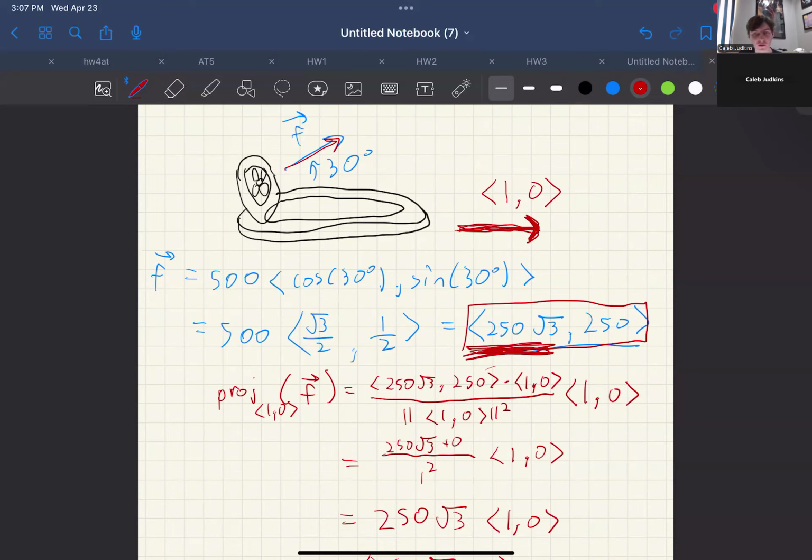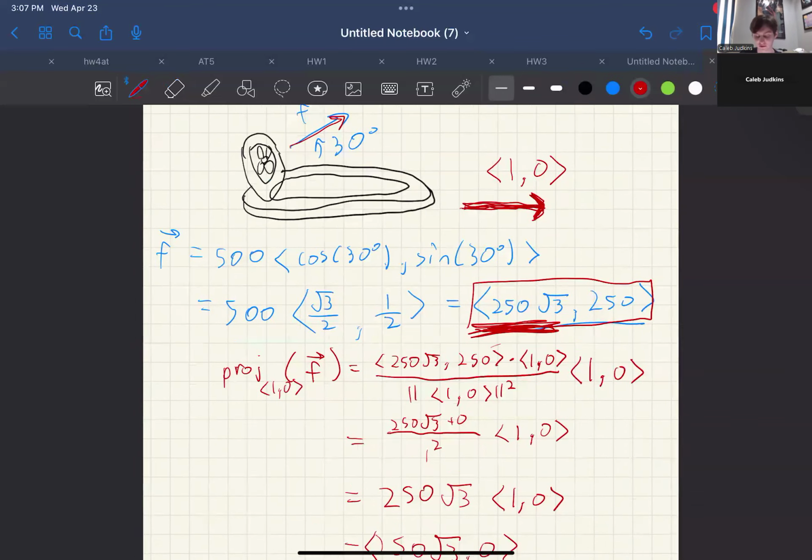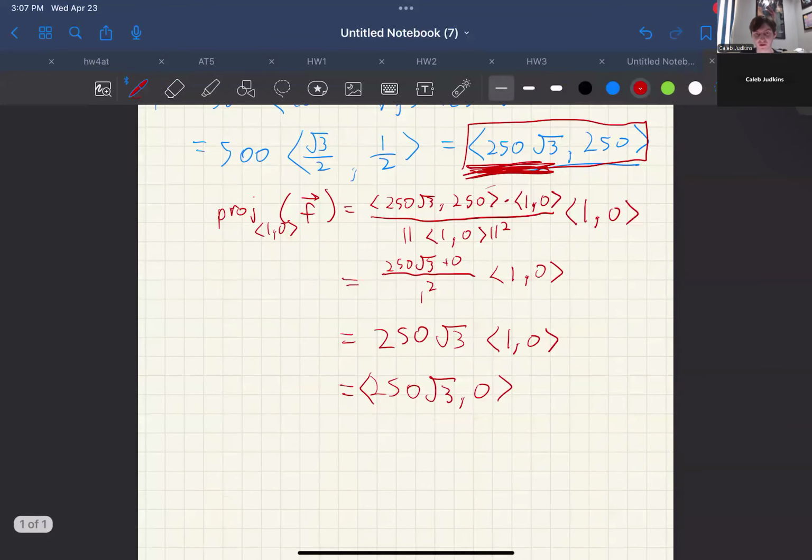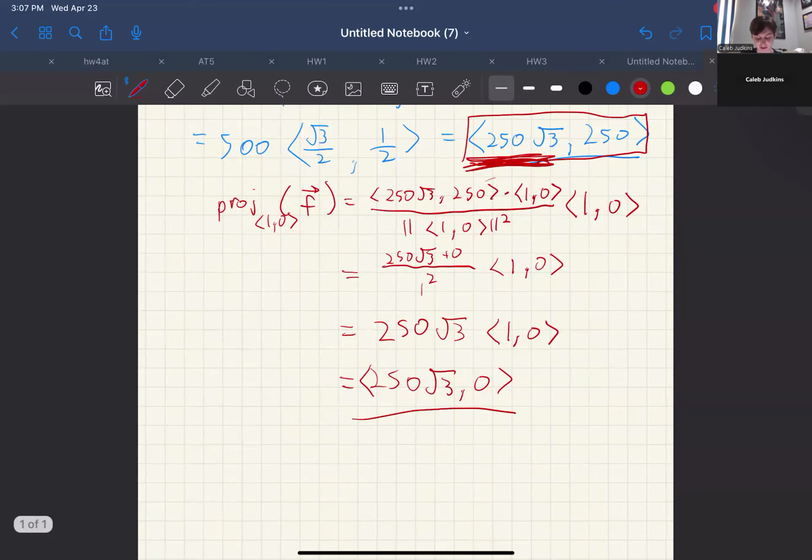That is the horizontal component of this vector, 250 times root 3, right? So it represents the force purely going horizontally. So this question didn't truly need the projection version, but I'm kind of demonstrating how we use the projection to accomplish that.